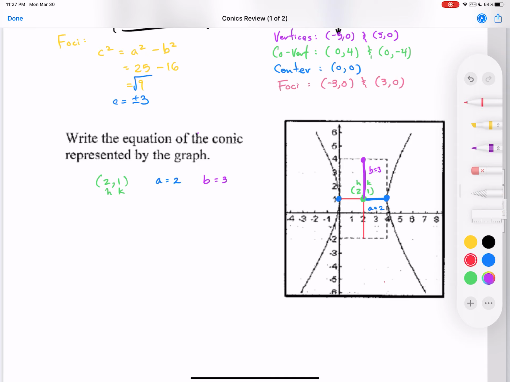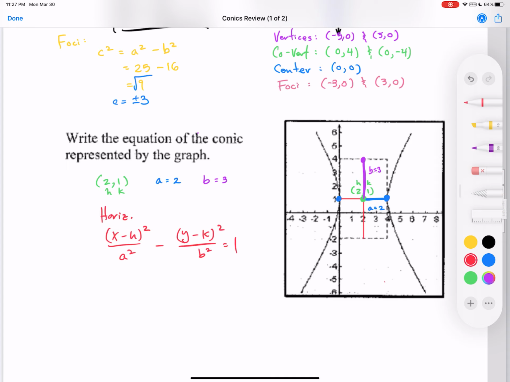And since it's a horizontal hyperbola, we know that the equation is x minus h squared over a squared minus y minus k squared over b squared is equal to 1.